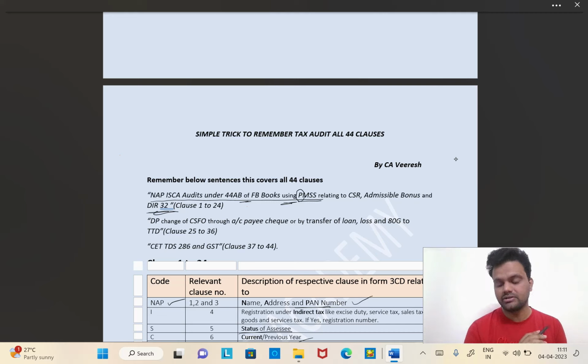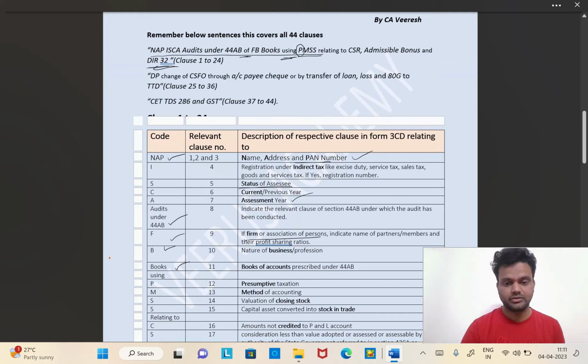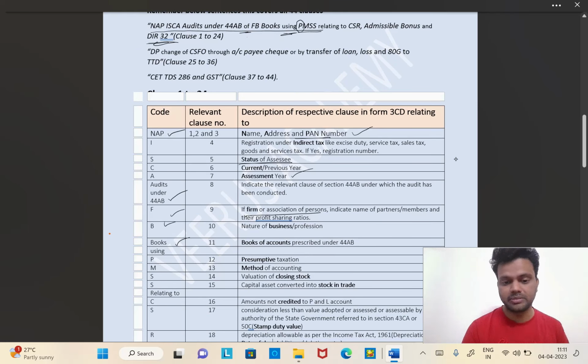This is the relevant clause for presumptive taxation. NAP, three words. ISCA, then 7, and then audit under 44AB, then FB, books, and using P. So that means it is clause number 12. Clause number 12 is your presumptive taxation here.